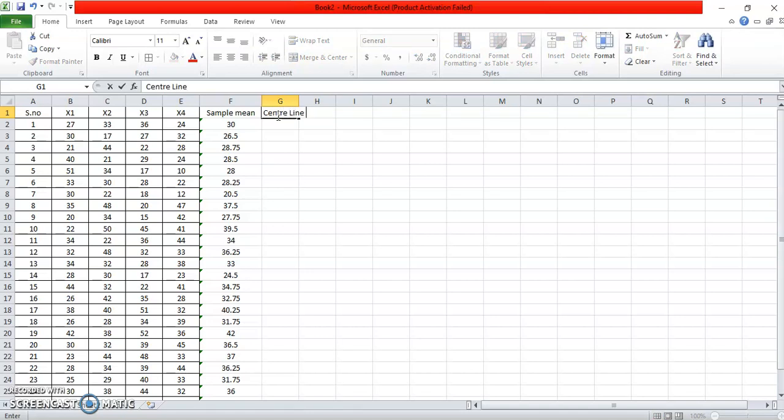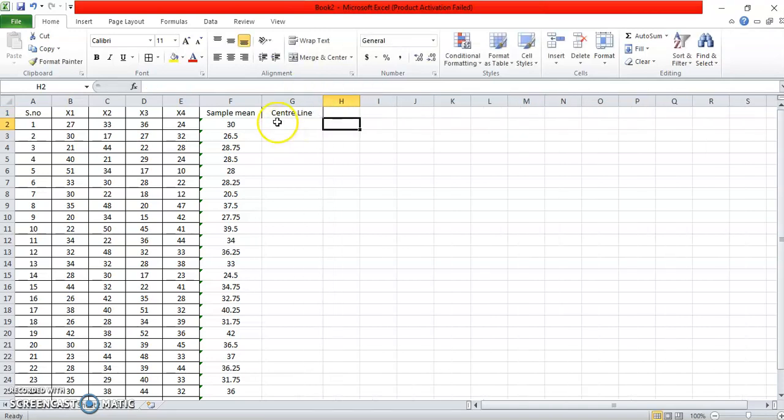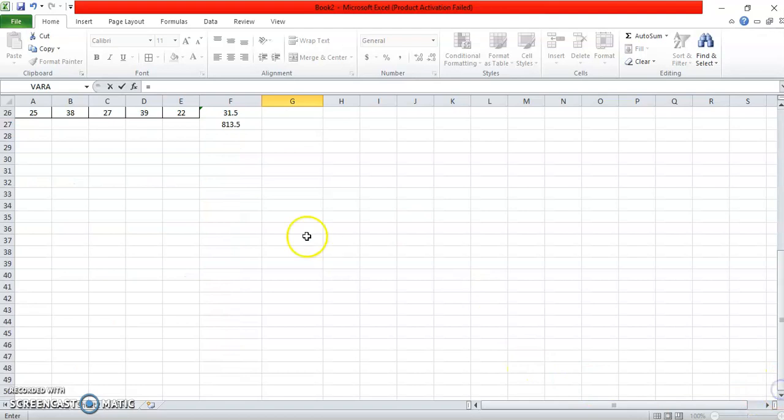Your central line is also called X double bar. So when you see X double bar, it is basically the central line, and the formula for finding the central line is your sum of all the sample values divided by the total number of samples.